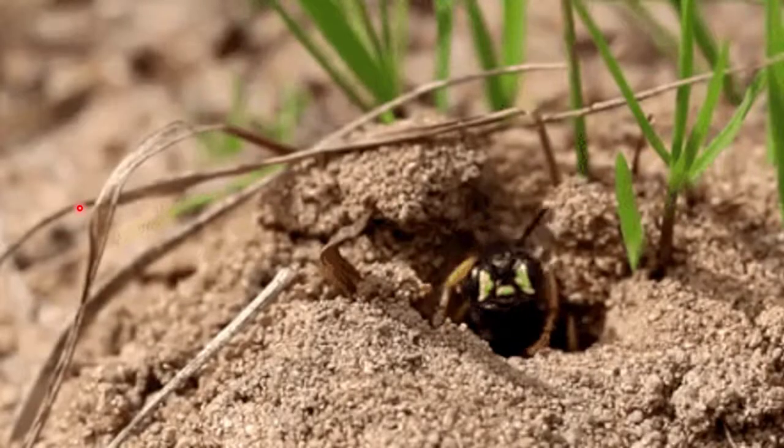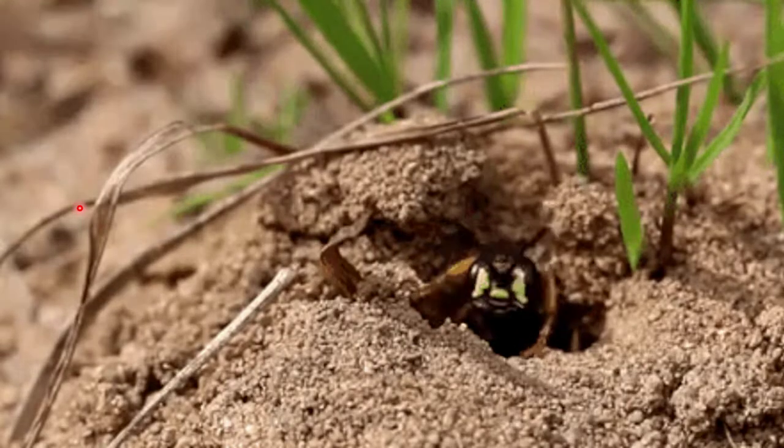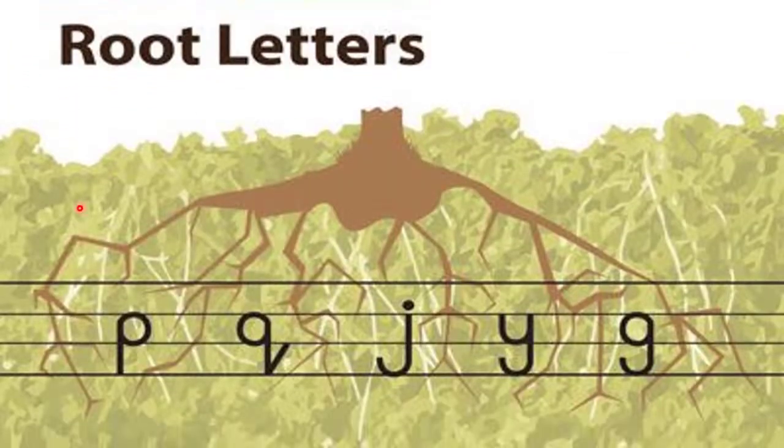Some animals live underground, but they come outside to have their food. Just like this, some letters are touching the bottom line, the root line, and they are written in lower 3 lines.